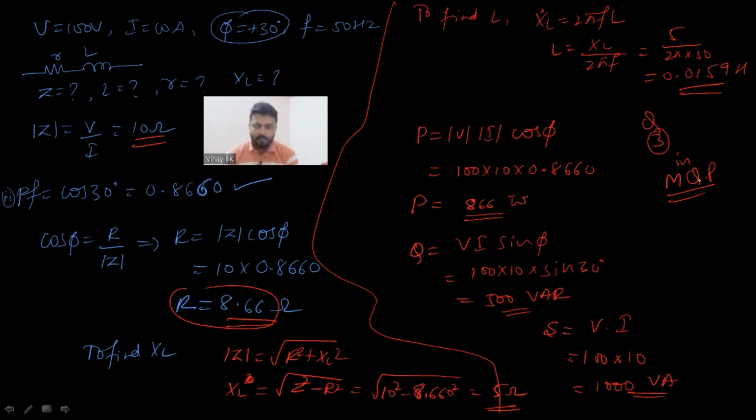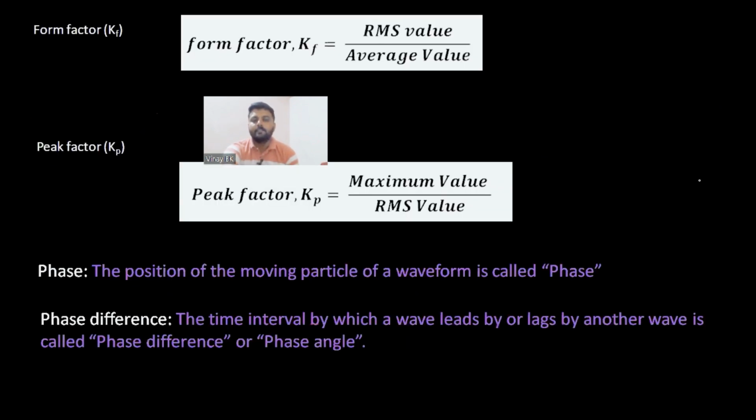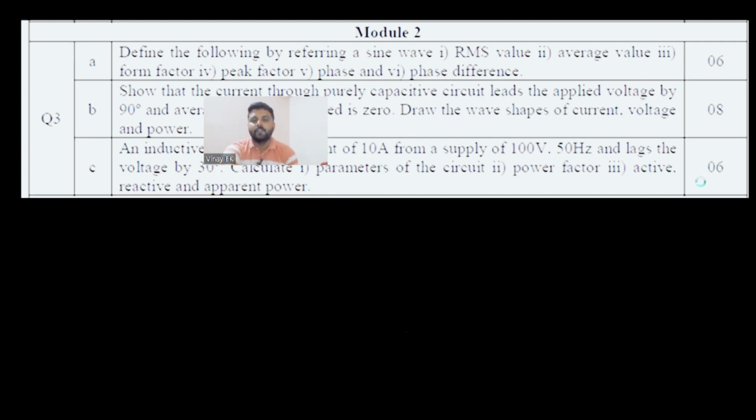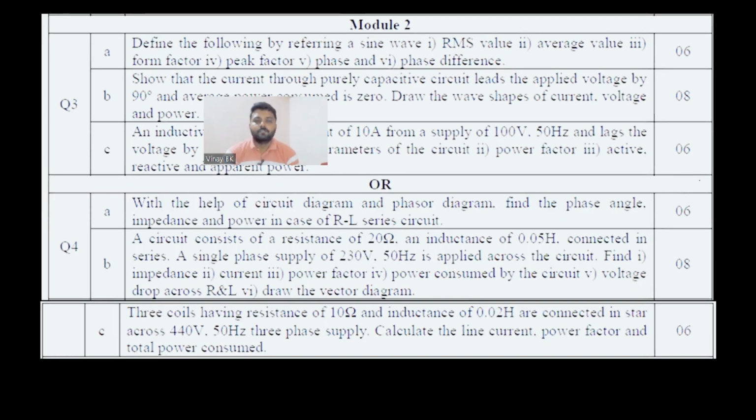You can observe one thing. In this question paper, you can see for module 2, they asked 2 problems in question number 4, only one theory. Similarly, here you can see one derivation you can expect. See here, RL they asked, C they asked. You can expect any one derivation from R, L, C, any one.